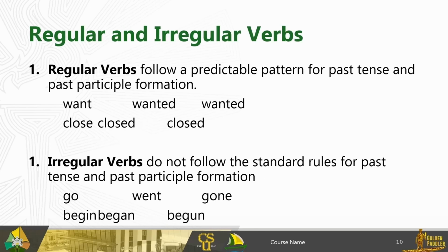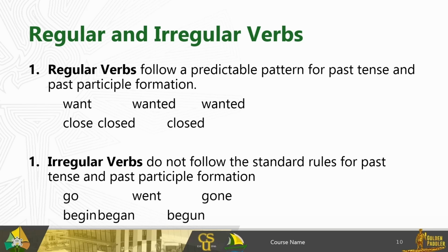The last topic you need to know about verbs is that it can be regular or irregular. Regular verbs follow a predictable pattern for forming their past tense and past participle. For example, the verb want.